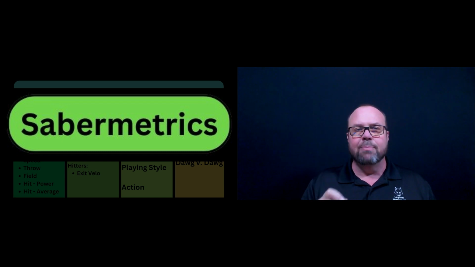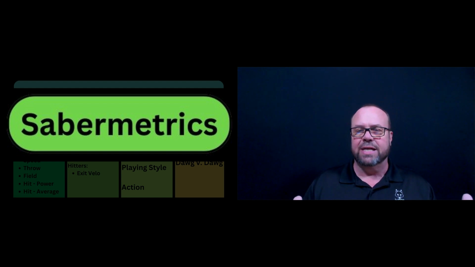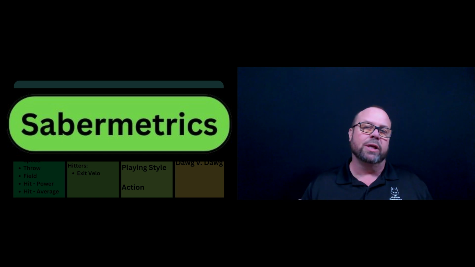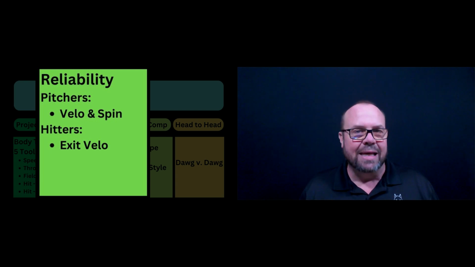So the sabermetric data has to be reliable, so it has to have a lot of data. They can't use the entire scope of sabermetrics. It usually comes down to just a couple of things. For pitchers, that's going to be your overall velocity and spin rate. And for the hitters, that's really going to be your exit velo.